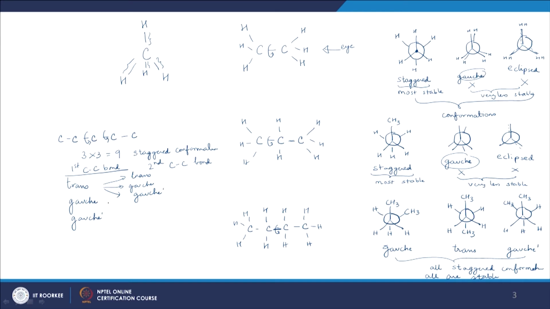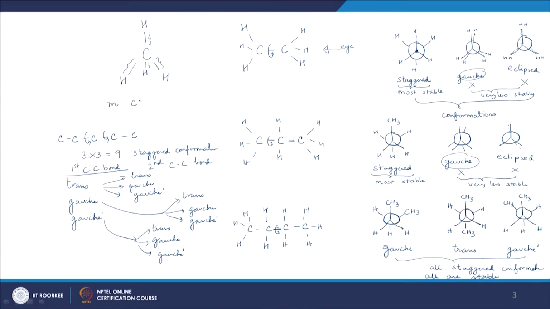Similarly, for this we can have trans, gauche and gauche prime, and similarly for this we can have trans, gauche and gauche prime. Okay. So, now if you think of a pentane molecule, now we have 9 conformations.